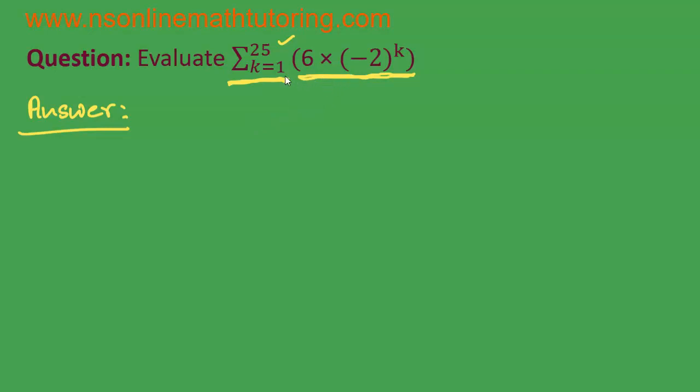So for the identification of the series, we have to get a few terms. Let us start with the very first term, when k equal to 1. Negative 2 to the power of 1 is negative 2, times 6 is negative 12. Therefore, the first term is negative 12. Second term, k is equal to 2. Negative 2 whole squared is positive 4, times 6 is 24.